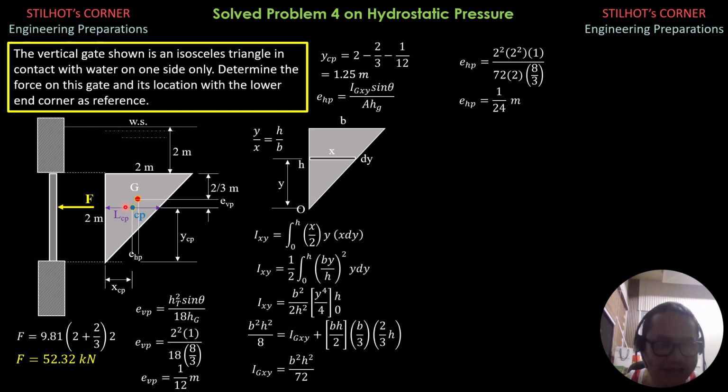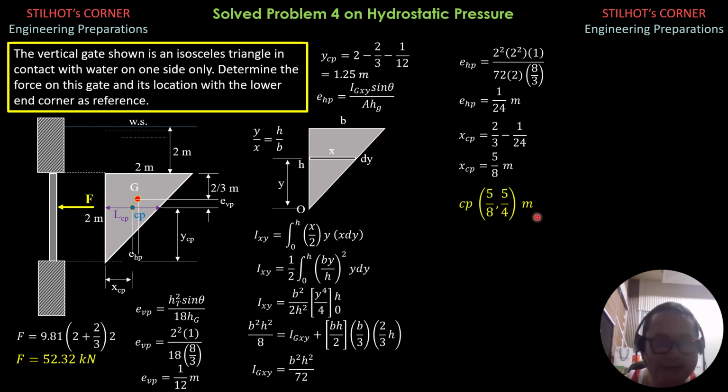And since this is the location of CP, x sub CP is that distance, which is 1/3 of 2, or 2/3, minus 1 over 24. So x sub CP is 2/3 minus 1 over 24, which is equal to 5/8 meter. So the center of pressure is at 5/8 comma 1.25, and 1.25 is 5/4 meter.